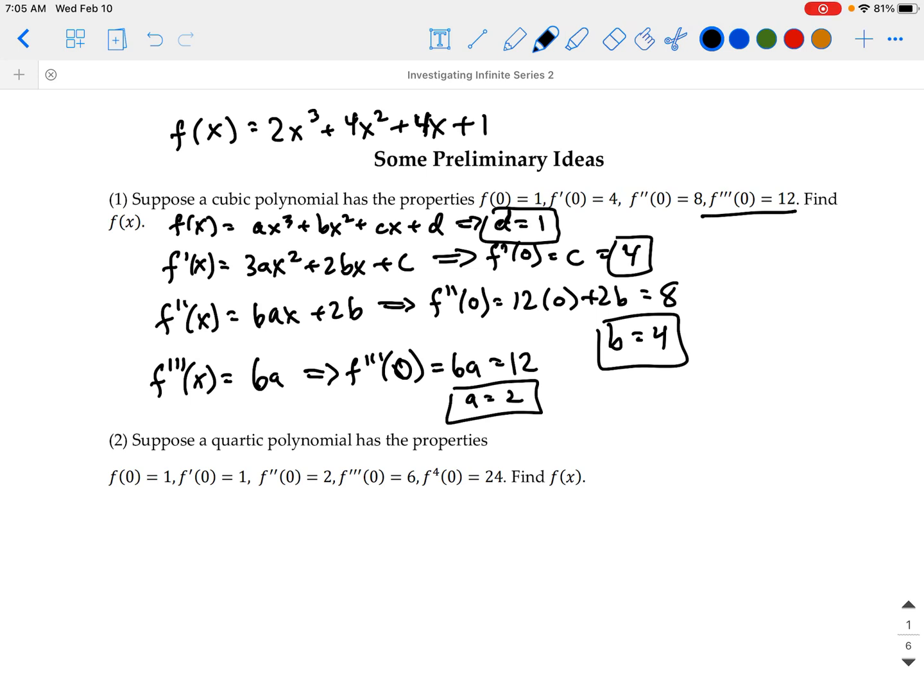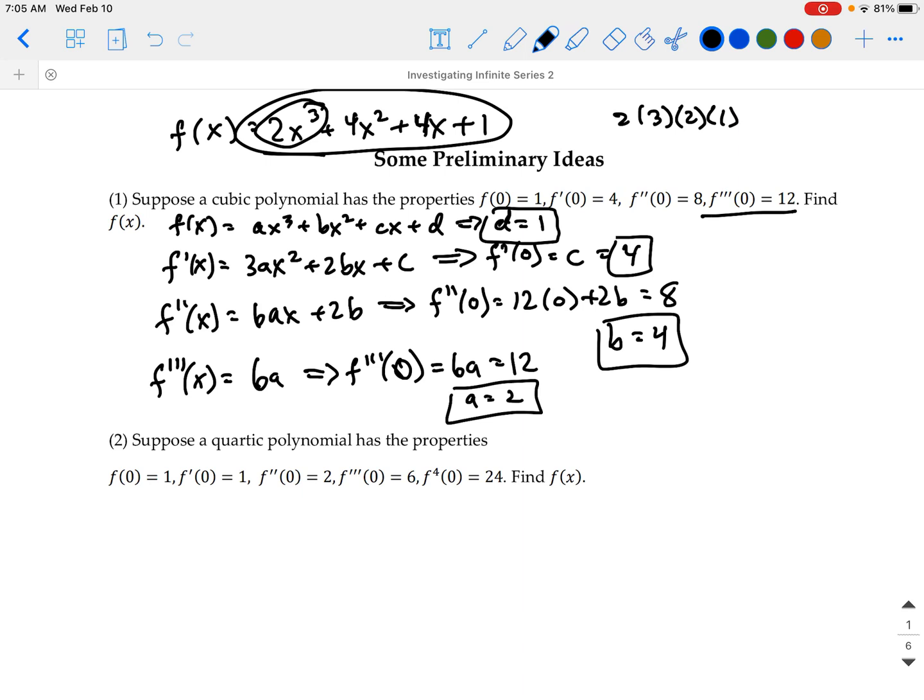And all of those values, 1, 4, 8, and 12 of our derivatives, come directly from the application of the derivative here. Right? So if I take my 2x cubed term and I differentiate it over and over again, I get 2 times 3x squared. And then if I differentiate that, I get 2.